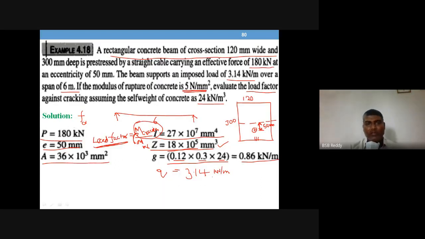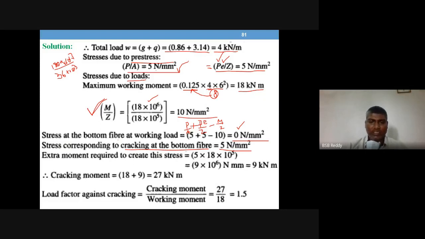It is given here, so 5 Newton per mm square. If it is not given, you have to estimate it like 0.7 root FCK, where you assume the FCK and get it. So to have cracking at bottom, you need to have 5 Newton per mm square stress.